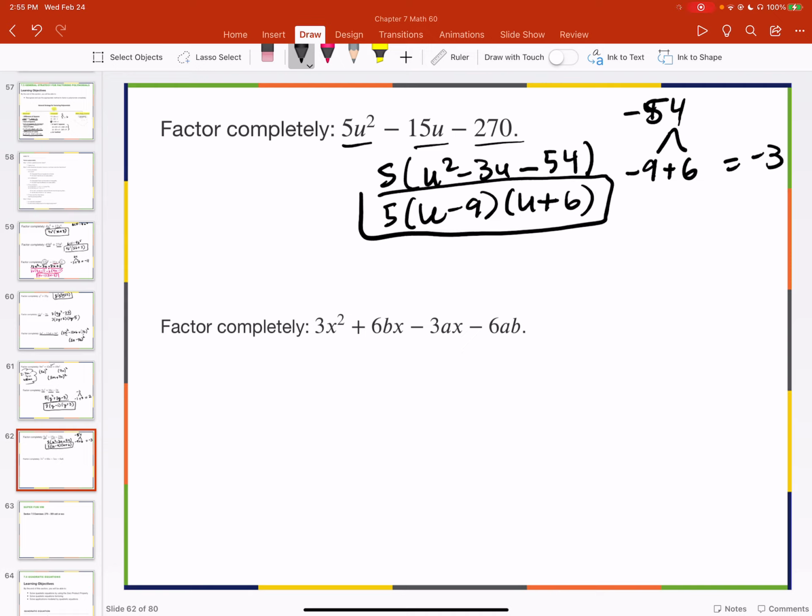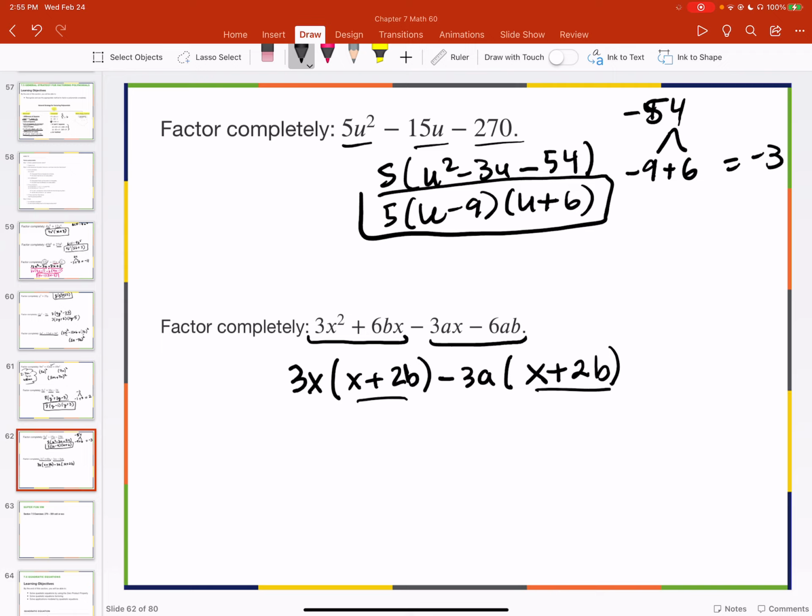Okay, one more. This has 4 terms. So right away, that should tell us, hey, this is factor by grouping. The first 2 factor out 3x. I get x plus 6b. For the second 2, let's factor out a negative 3a. That gives us x plus, sorry, this is a 2b, so x plus 2b.